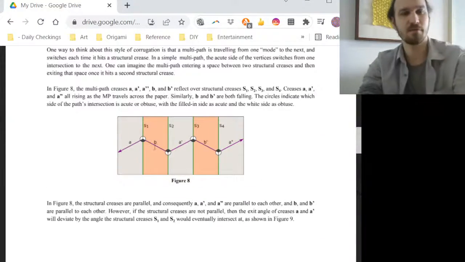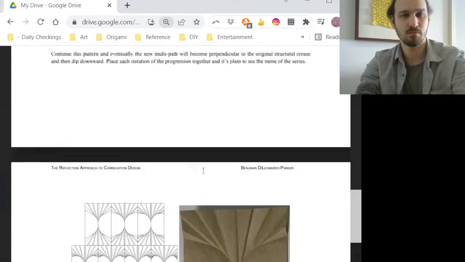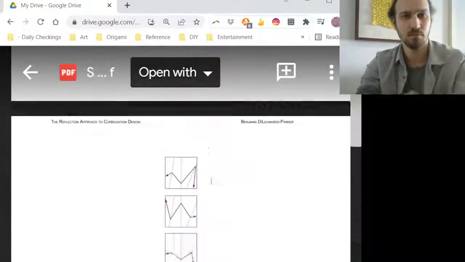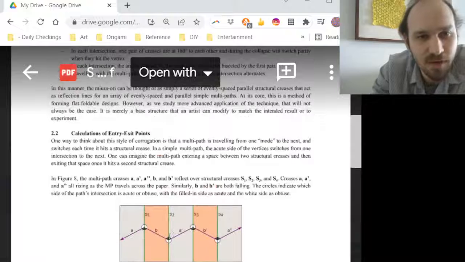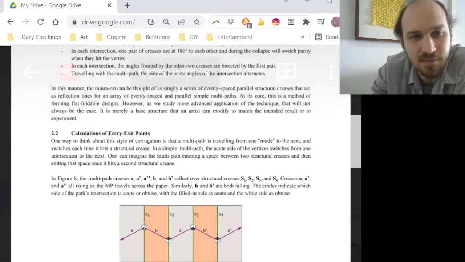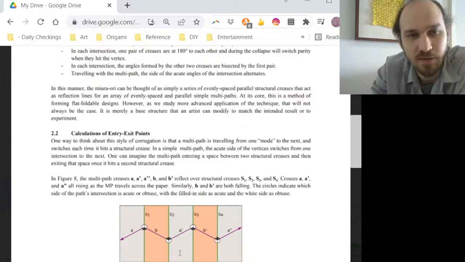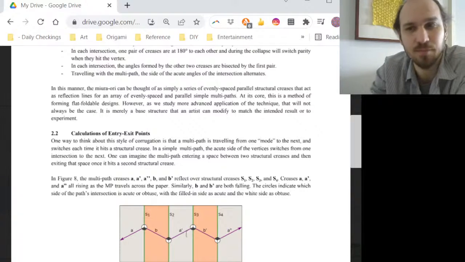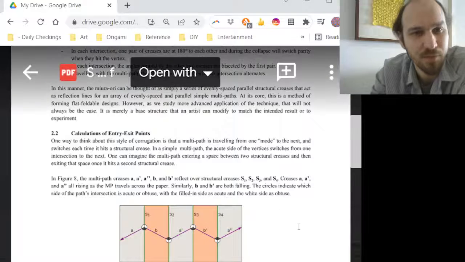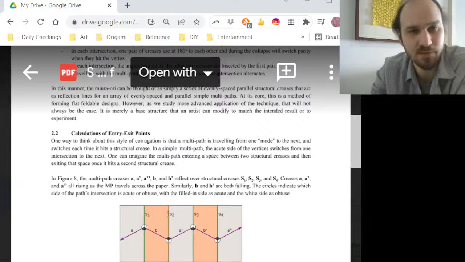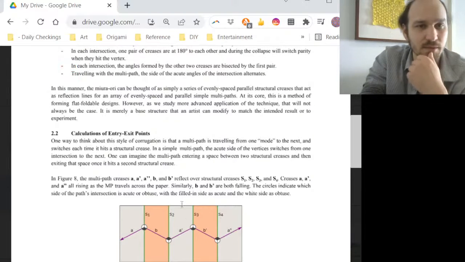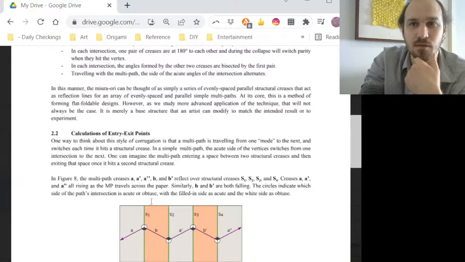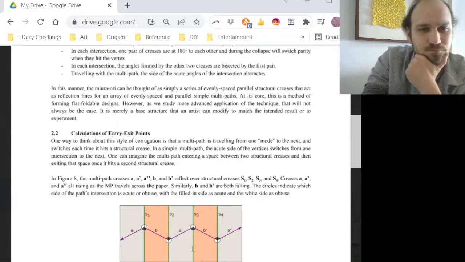You have an oscillation between the acute angles going down, acute angles going up, acute angles going down, acute angles going up. You can see the numbers, the variables are slightly different.